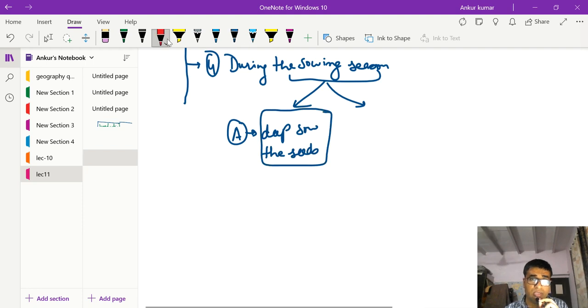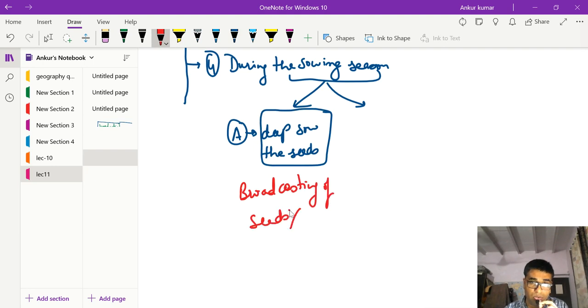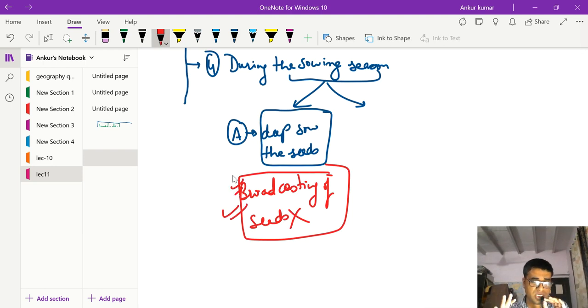The broadcasting method, simply no. Broadcasting of seeds is a big no. You cannot simply scatter the seeds across the field, that is the broadcasting method, because these are dry regions, so the broadcasting method will not work here. Then the second change during the sowing season is deep application of fertilizers.